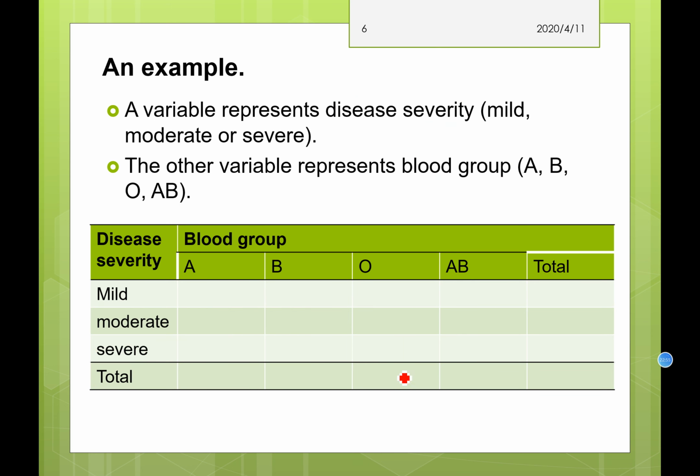Here, we can compare among these 3 groups: is there any difference among the 4 blood groups? That means we need to compare the proportion of each group, the number of each group in the total.